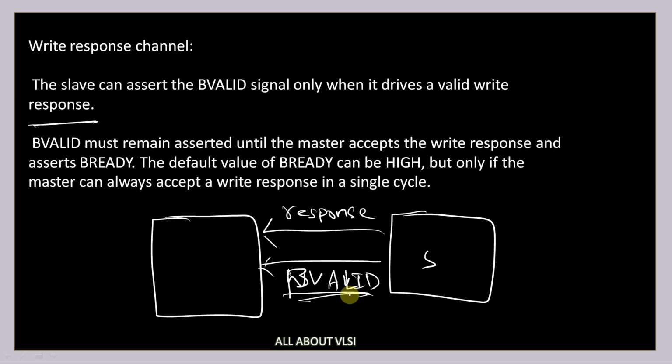And B valid must remain asserted until the master accepts the write response and asserts B ready. So until your master gives you the B ready signal, your slave should maintain this B valid stable. And whatever response it is providing should be stable. Whatever we have discussed in our previous points is all applicable here also.